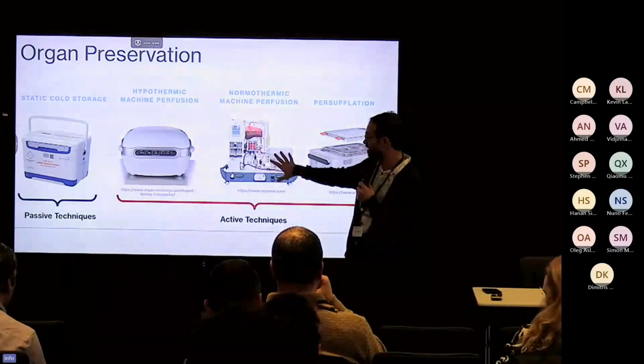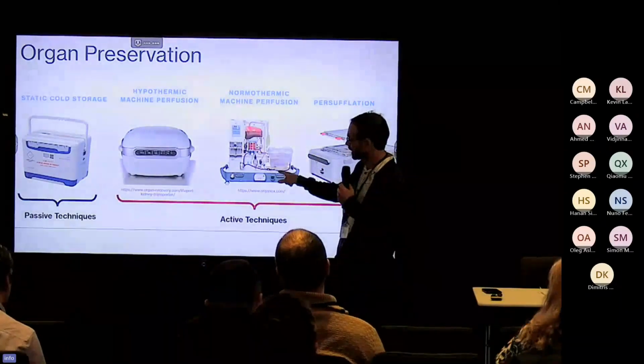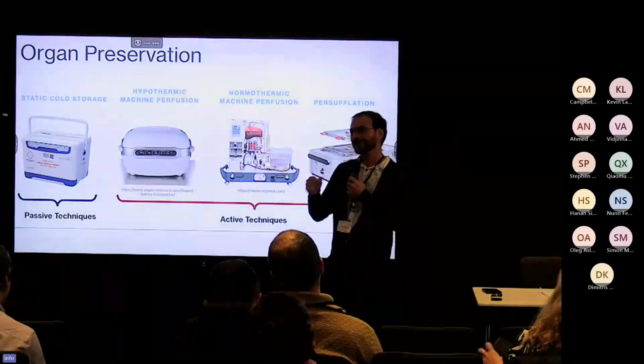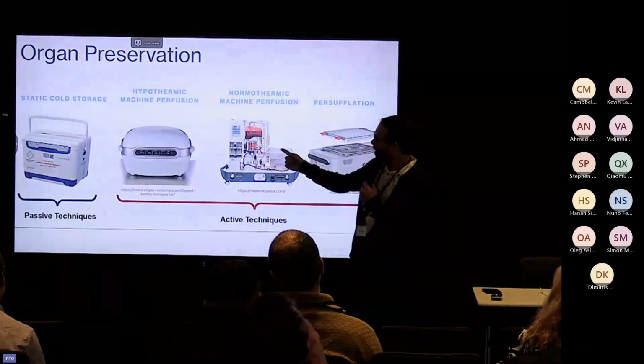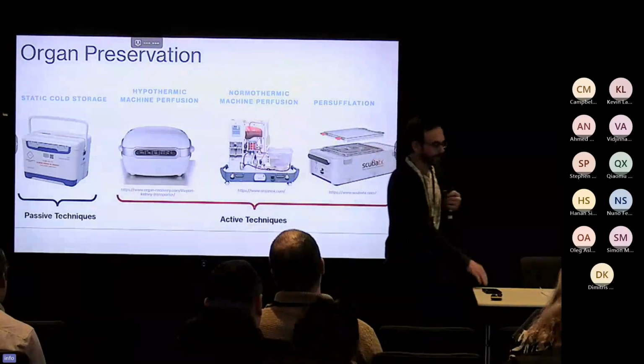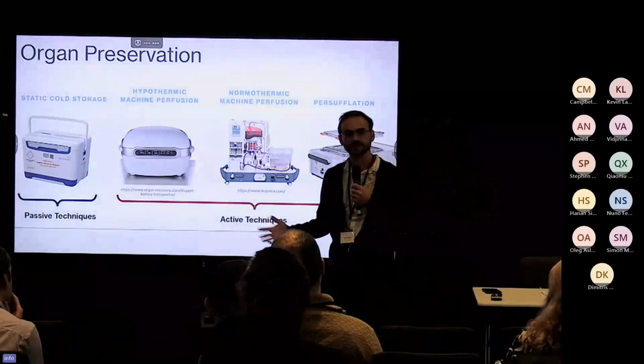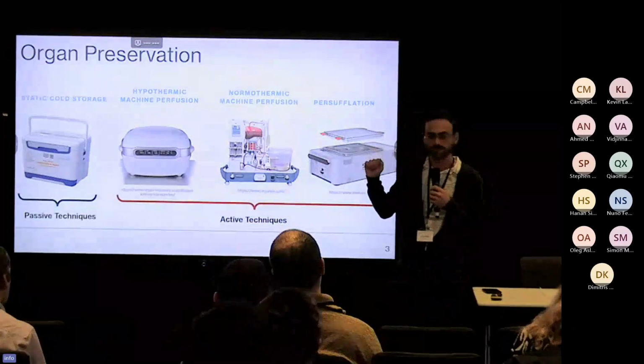Or the organ believes it's in a body. But that one is like a BMW, to use the previous speaker's analogy. It's very expensive, 50,000 pounds, and it's more or less the size of this table. If you have 5 or 6 organs in a theater, you can't have 5 or 6 of those there.